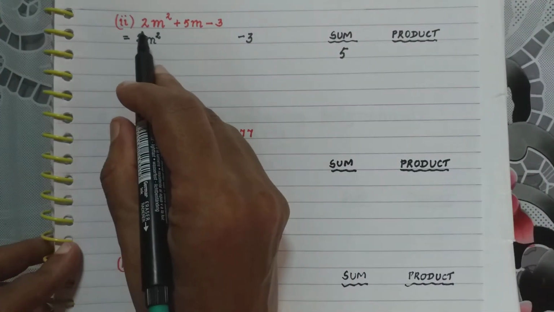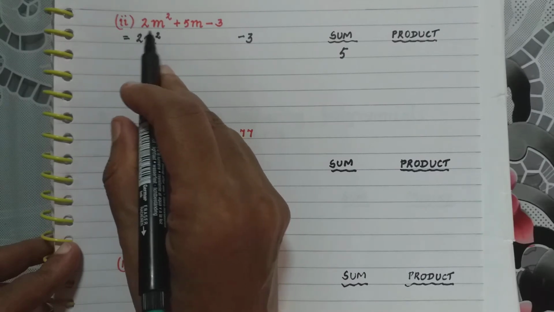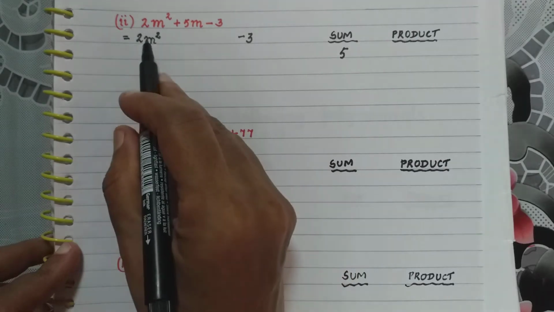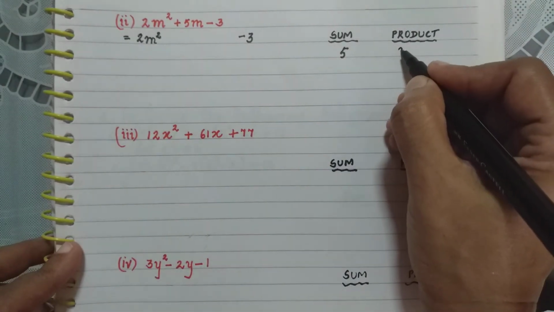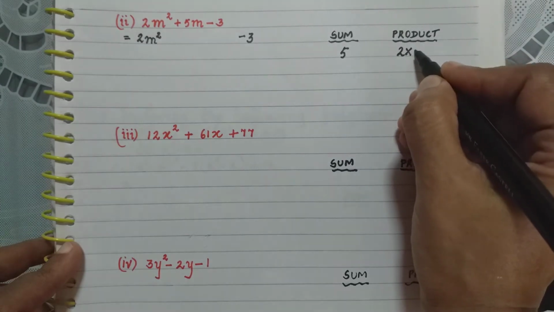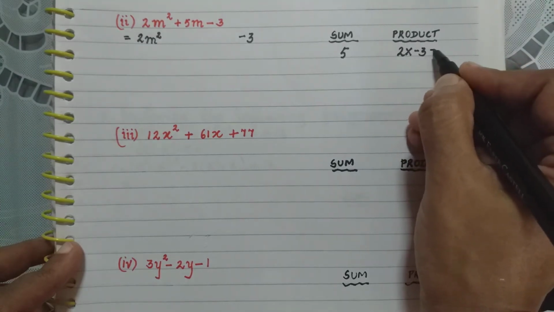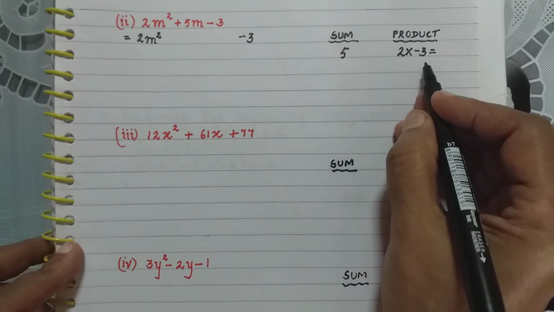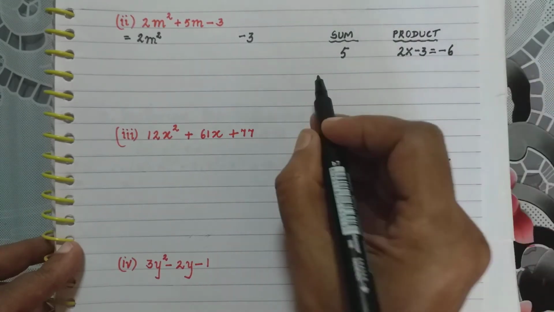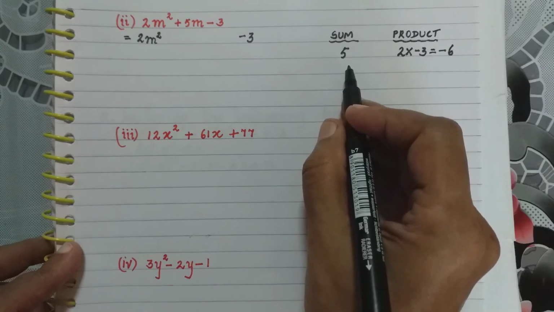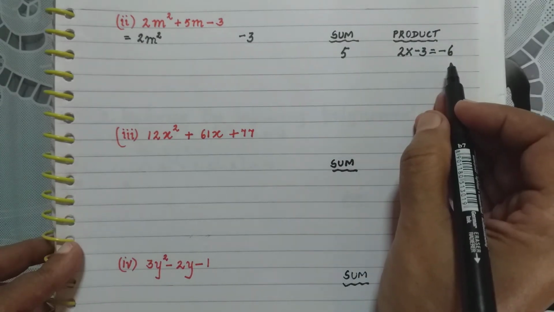It is the product of the coefficient of the square term and the constant, that is 2 into minus 3, which is minus 6. So what is the sum? 5. What is the product?